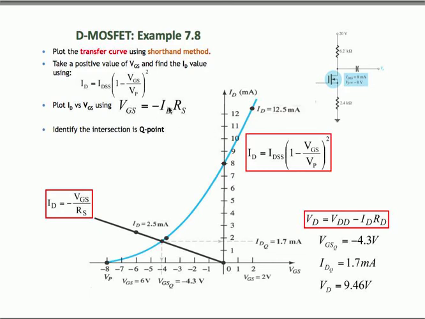And the third step is you plot out the load line, and it's relatively simple to plot because it's just a linear equation starting from the origin. The intersection between your load line and your drain current characteristics gives you your Q point, and you can read out the value of VGS and drain current at the Q point.